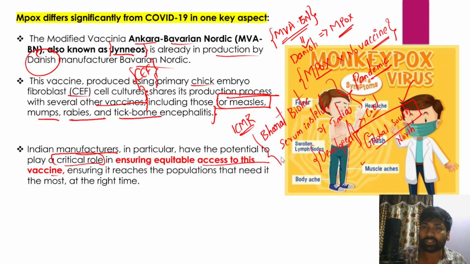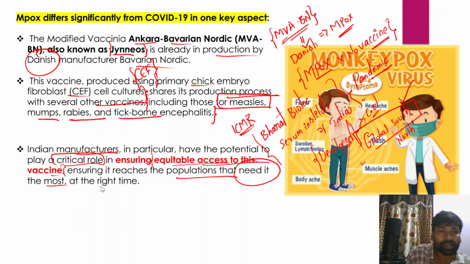So therefore in this context, India comes into the picture, and Indian manufacturers can actually play a very important role in ensuring equitable access to this vaccine. Equitable access essentially means that this vaccine would reach almost all sections and all parts of the world, and it reaches the populations that need it the most at the right time.